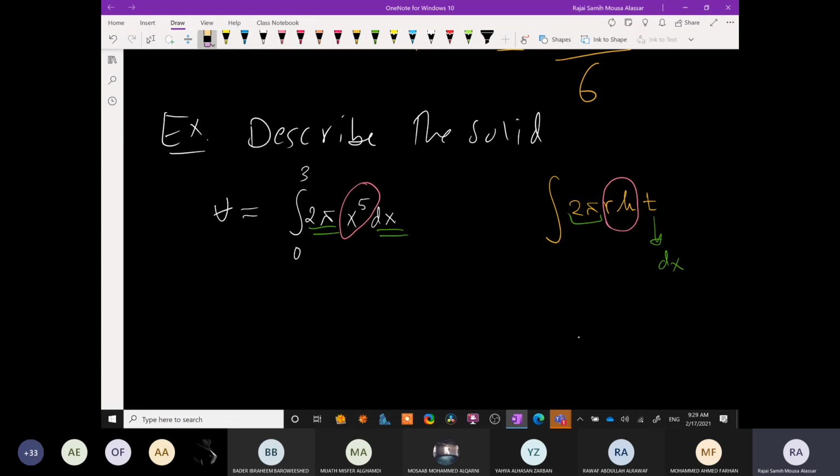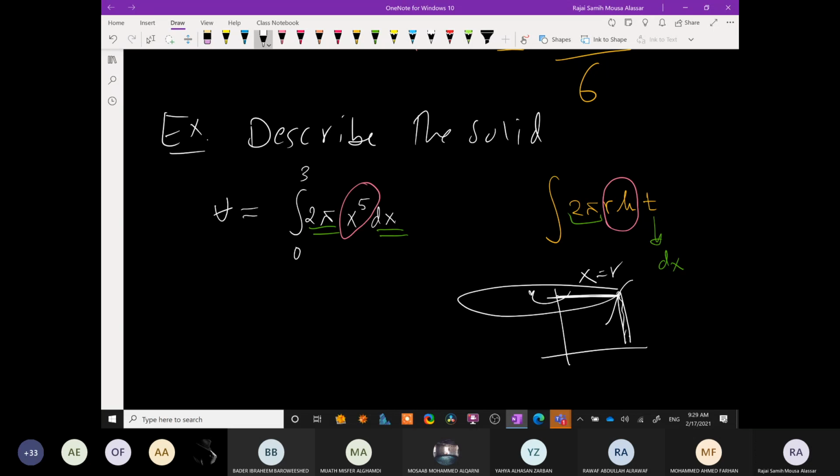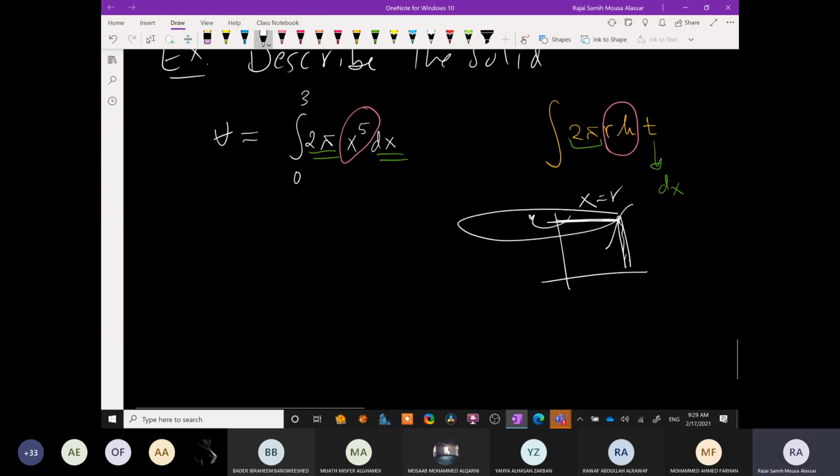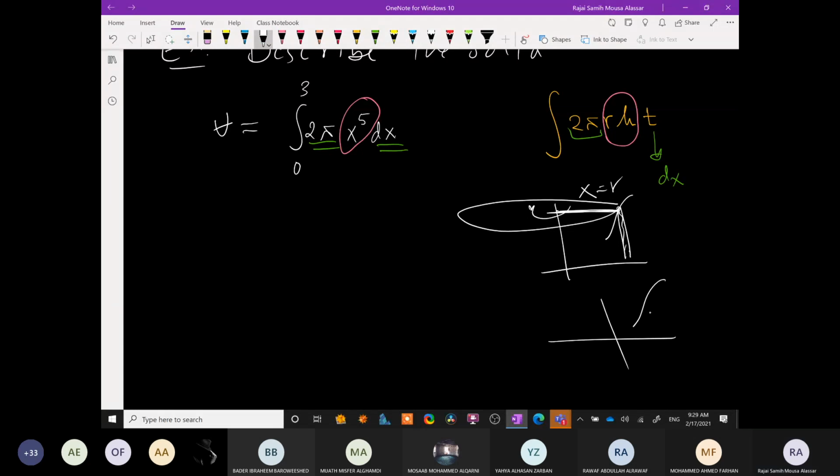Okay, let's just delete that. So like this is a function and we are rotating about the y-axis and taking a sample, something like this. And if you do that, then this r is most probably going to be x of the function. If I'm rotating this sample, it comes here, correct? What is r?